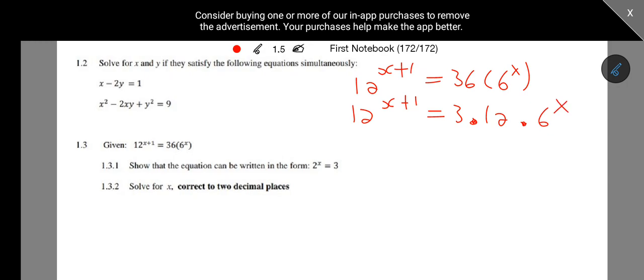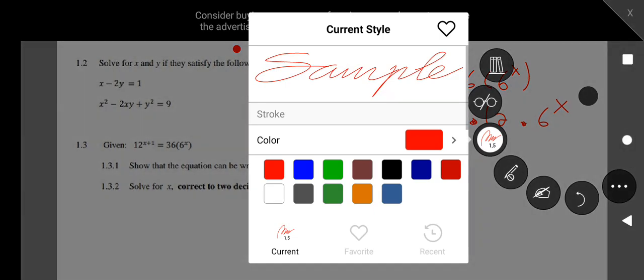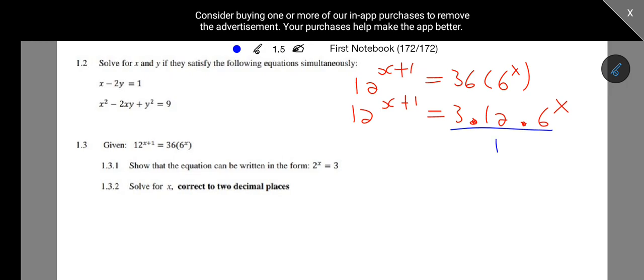And we can divide both sides by 12 from here. We know that it's going to subtract the exponent there. So we divide both sides by 12. And it's 12 to the power of 1, right? So on the right side, 12 will cancel 12. And on the left side, we're going to have 12 to the power of x plus 1 minus 1.